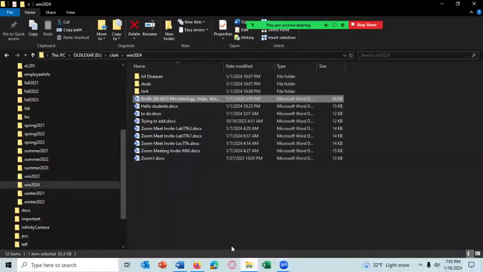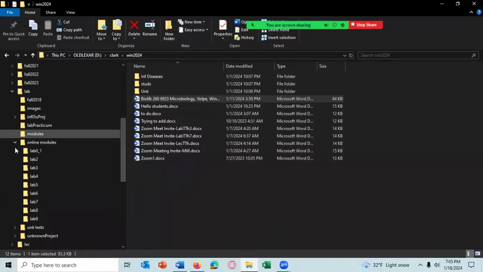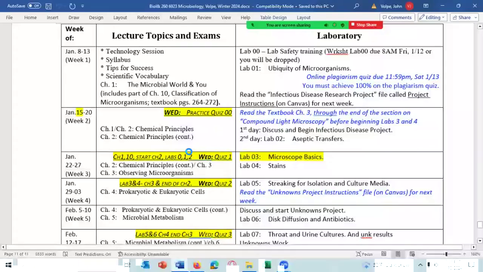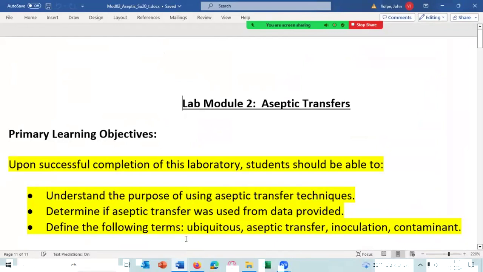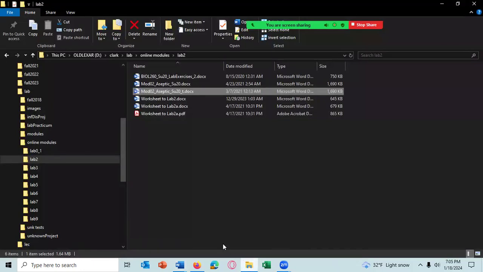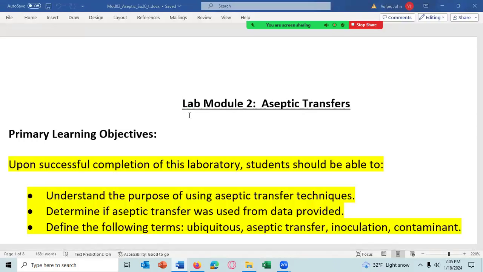Let's go to lab. Whoop, not quick enough. There we go.